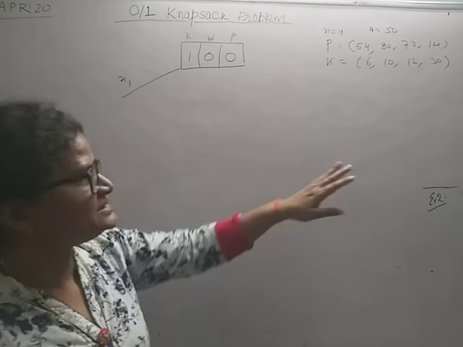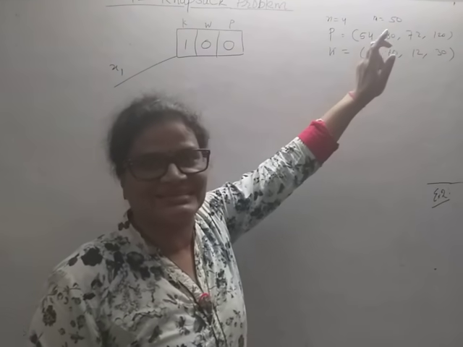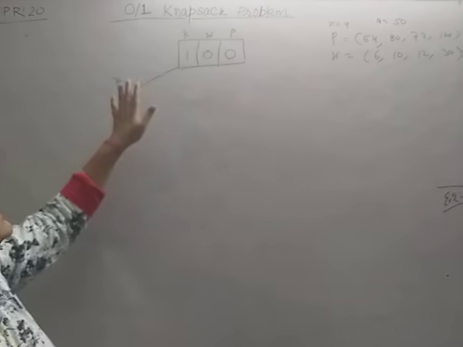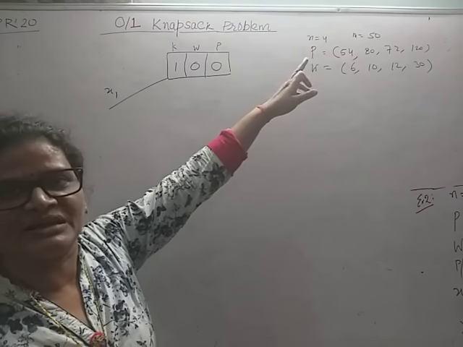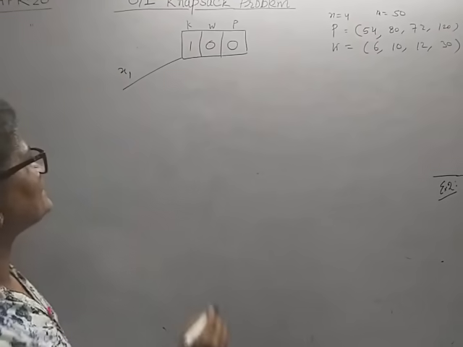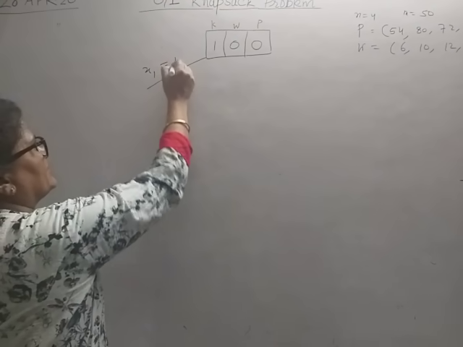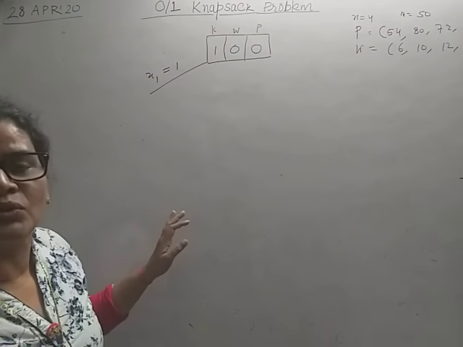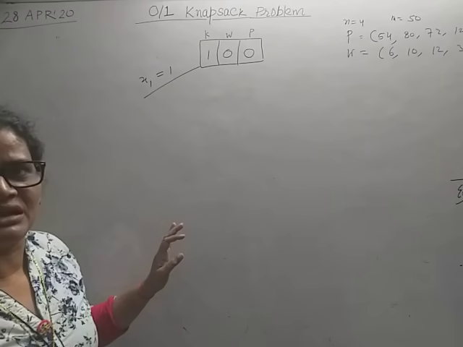Here 6 is less than or equal to 50, so x1 equal to 1, and we can include the first object into the knapsack.